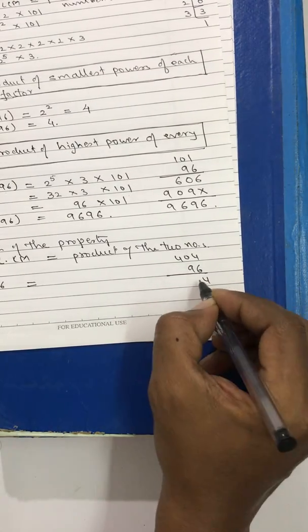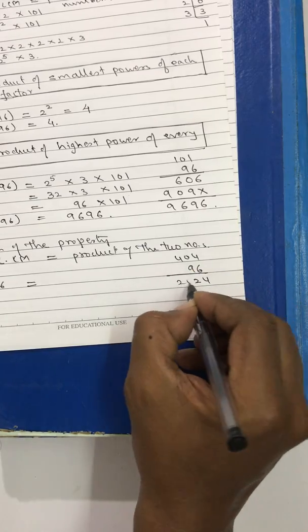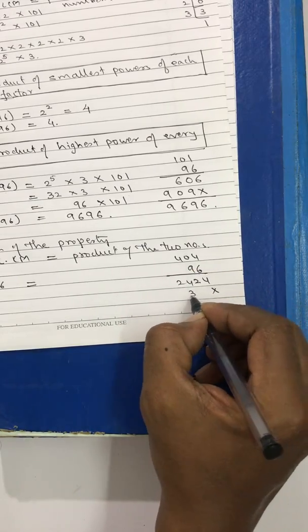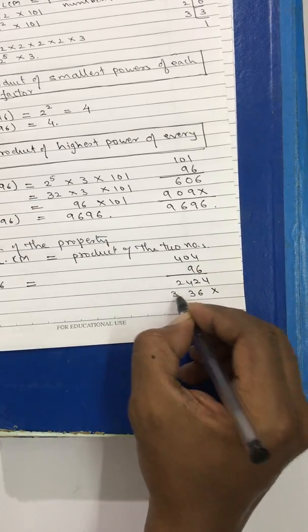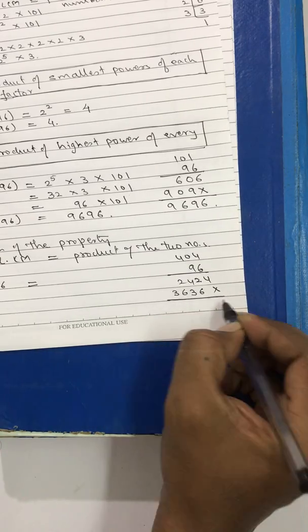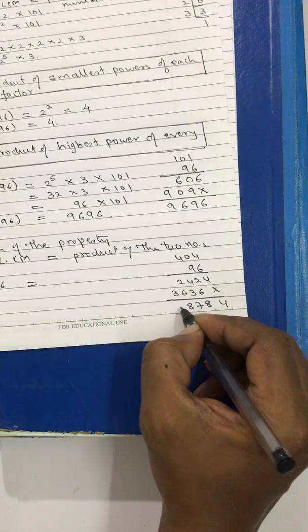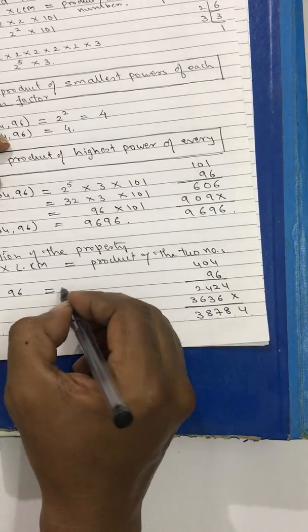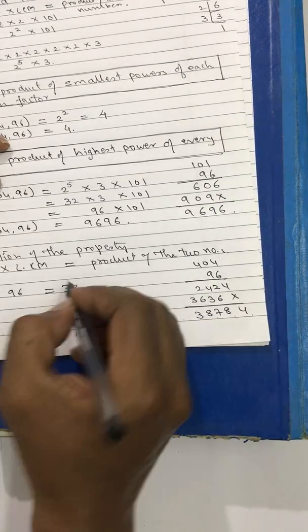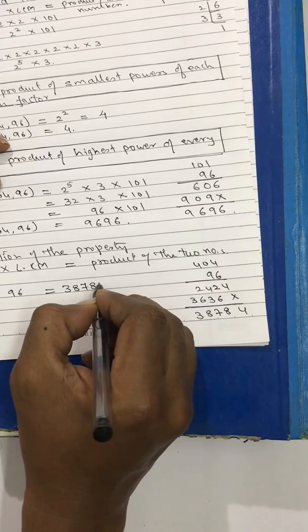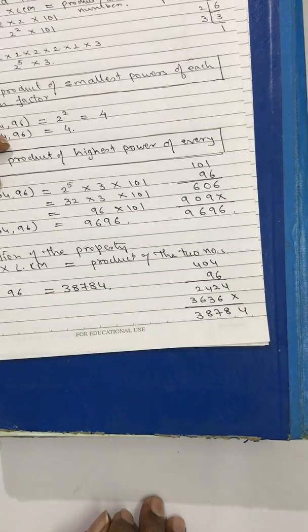6 4s are 24, 9 4s are 36, and so on. So you get this as 38784.